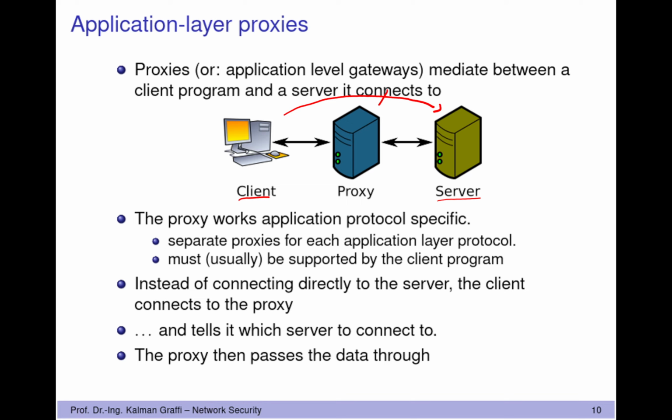So it has to communicate over a proxy, and the proxy is then able to look into the messages and decide whether to let the message pass or not, and maybe to modify it. It's a little bit different than in regular network layer firewalls. Here in the application layer firewall, the proxy can also take influence on your request.